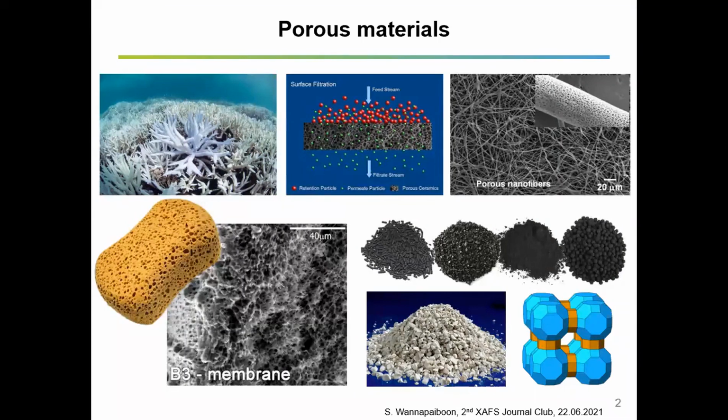And the size of the pores within the material can also vary, starting from mesoscopic and macroscopic sizes, and even down to microporous materials, like what you can see in the case of zeolite and also metal organic framework, for example. Metal organic framework is a rather new class of porous materials compared to other types like activated carbons, porous nanofibers, or even zeolite itself.